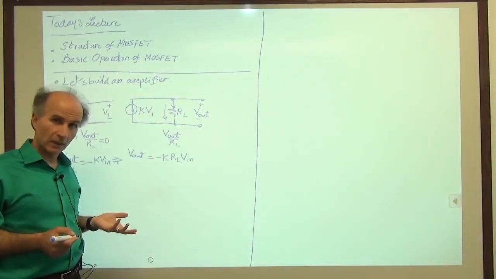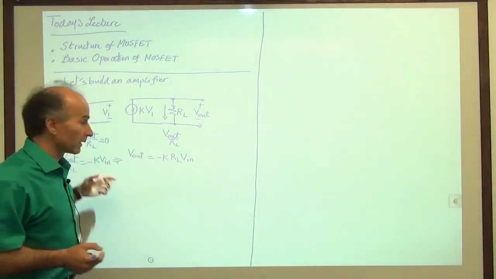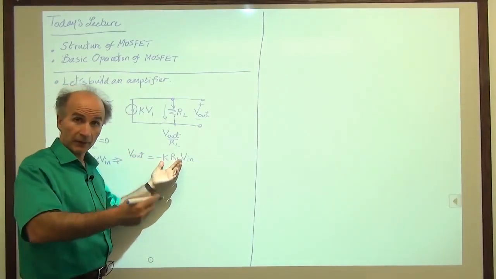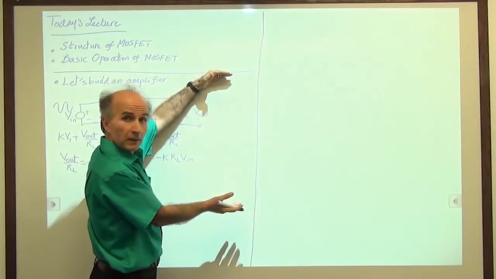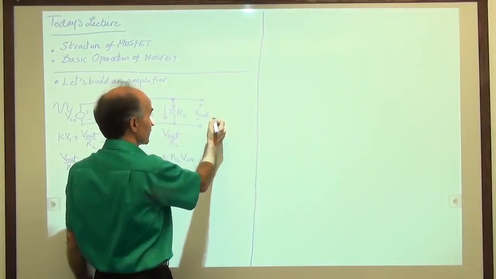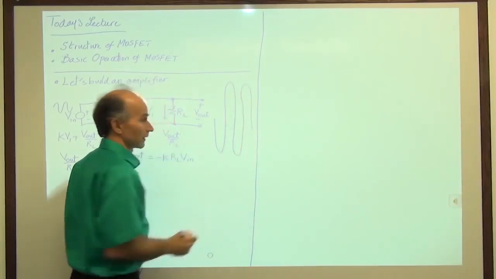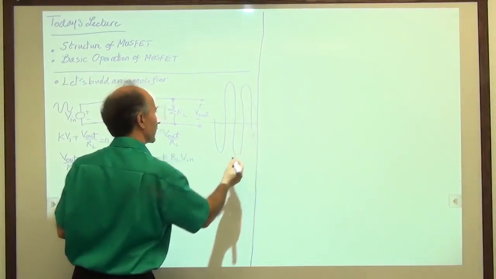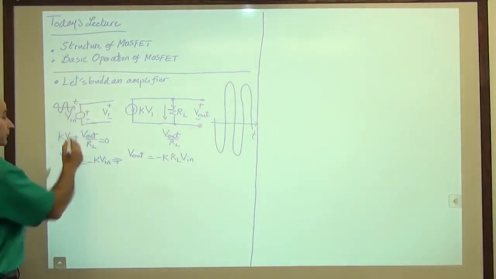What does that mean? It just means that the output signal is flipped, right? Not a big deal. So if I have a sinusoid like this, and I have some amplification factor of 5, then it's 5 times bigger, but it's also flipped. So because it's flipped, it goes like this. It's shifted by 180 degrees. So that is the output voltage that we get when we apply this type of input voltage.